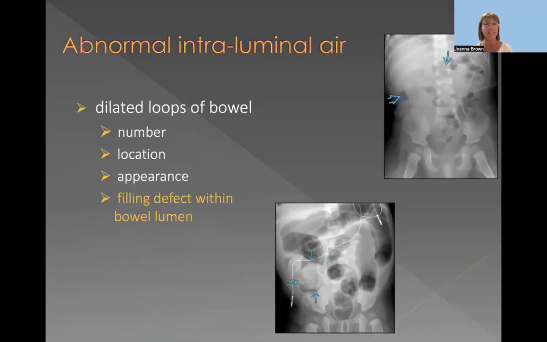And again, looking at the filling defects, like you can see here, which is the most common place for intussusception, ileocolic intussusception. You can see here this kind of pseudomass, pseudo-lesion extending through the ileocecal valve into the lumen of the large bowel, causing large bowel dilatation, and similar here, extending into the transverse colon.